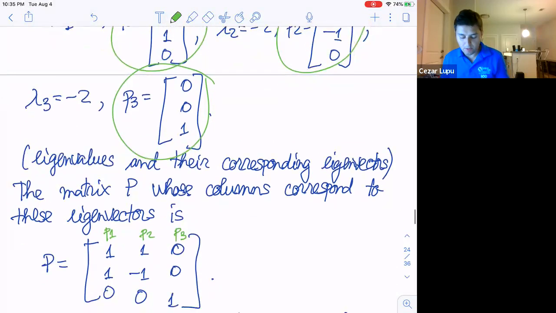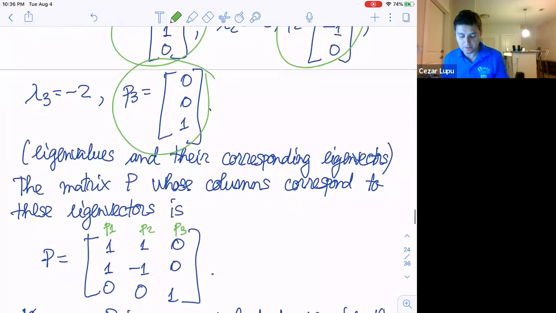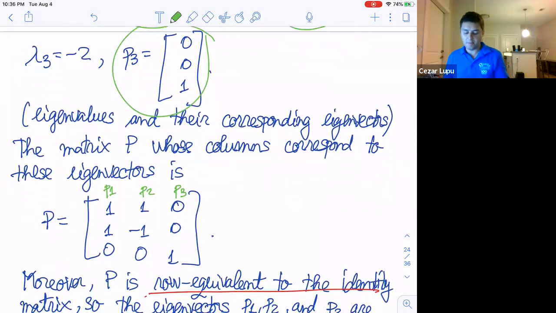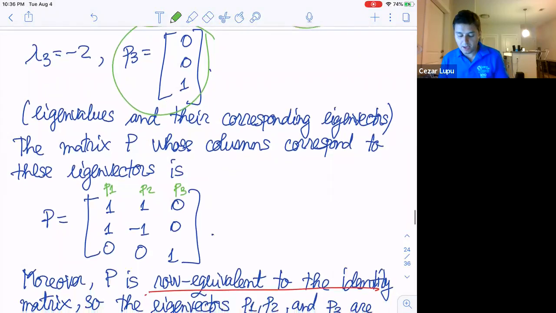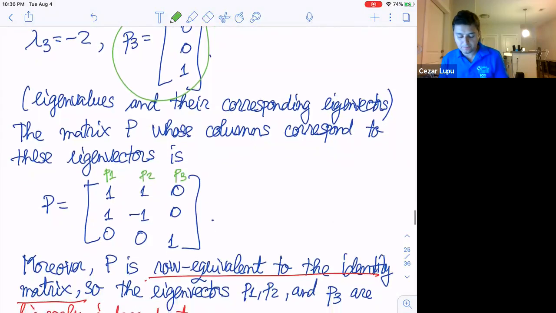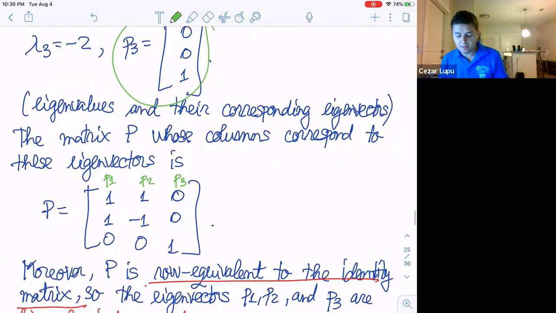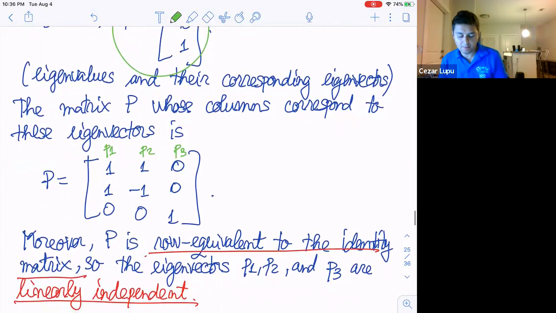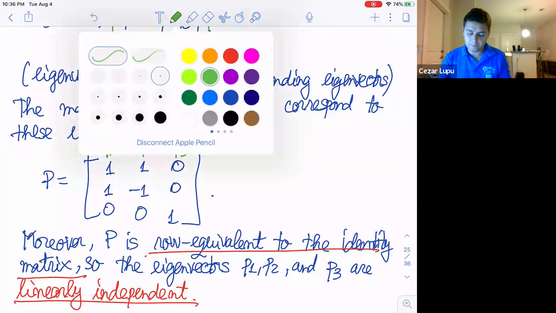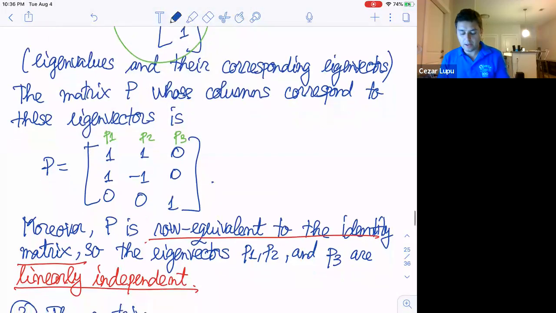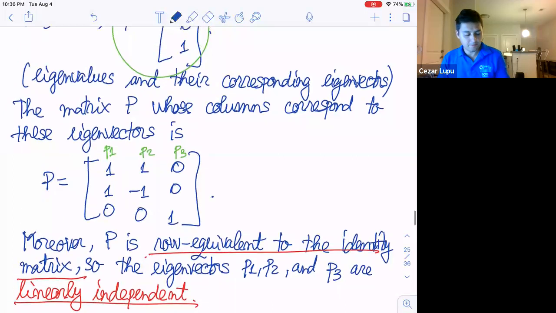So 1, 1, 0, 1, negative 1, 0, and 0, 0, 1. So that's my matrix P. Moreover, P is row equivalent to the identity matrix. So the eigenvectors P1, P2, P3 are linearly independent. Or you can just say that the matrix P is invertible, and that's enough. You can just compute the determinant to show that it's not 0. But in any case, the eigenvectors P1, P2, P3 are linearly independent.